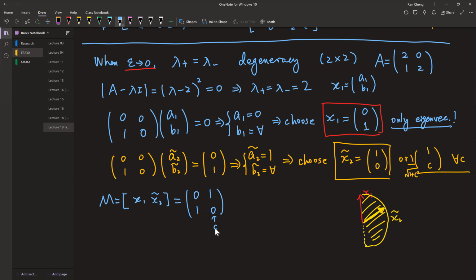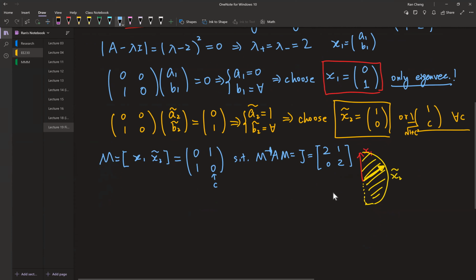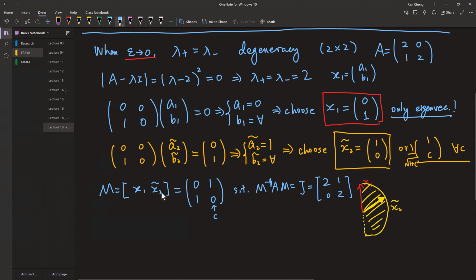It can be C. So this matrix, through similarity transformation, can send A into the Jordan canonical form, which is the two eigenvalues, 2, 2, and there's one missing eigenvector, so 1 here, right? This is the Jordan canonical form. Okay, I think that is the case for the Jordan canonical form.